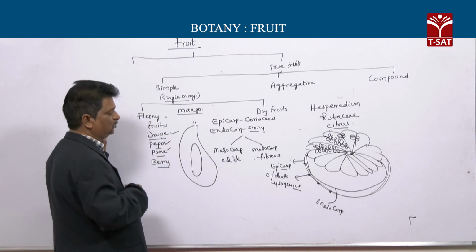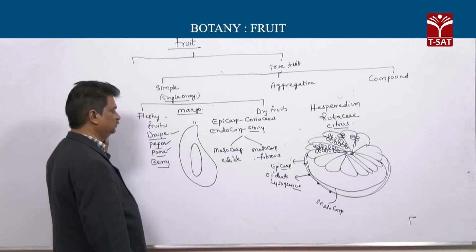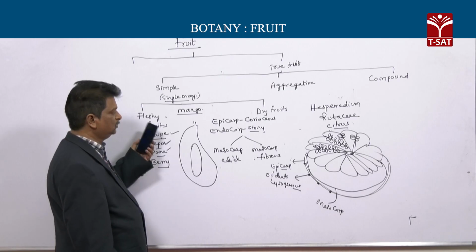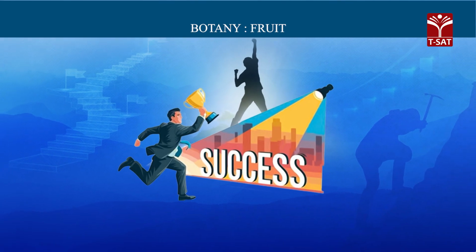Among fleshy fruits, edible parts: coconut, the edible part is endosperm. Mango, the edible part is mesocarp. So, this is about fleshy fruits.